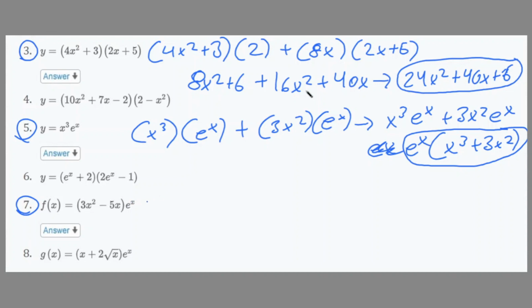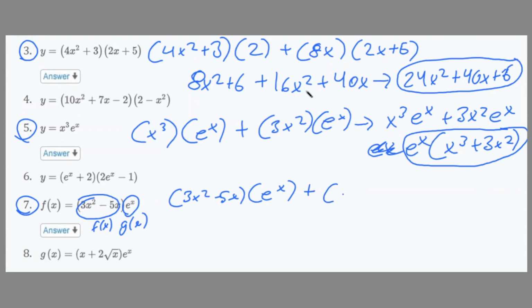And now number 7. So number 7 is f of x, 3x squared minus 5x. So this over here is going to be our f of x, and this is going to be our g of x. So let's write it out. 3x squared minus 5x times g prime, which is e^x, plus 6x minus 5, which is f prime of x, times e^x, which is g of x.